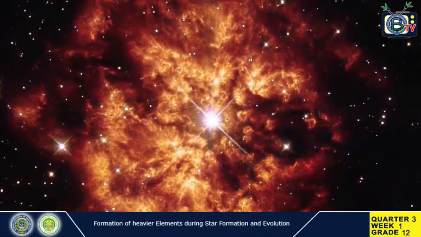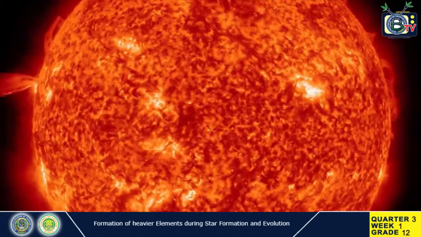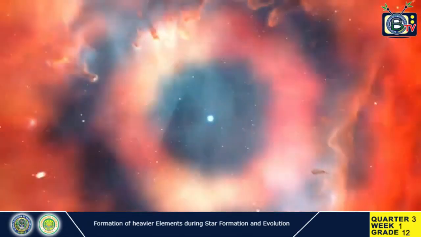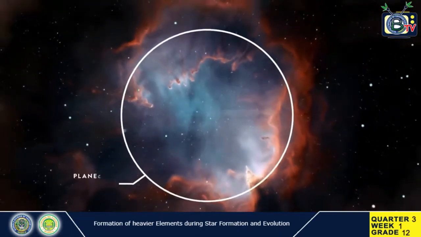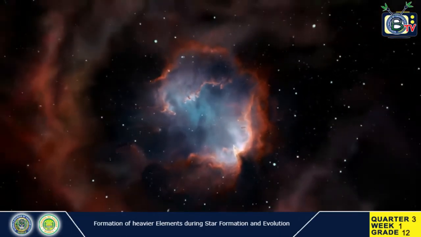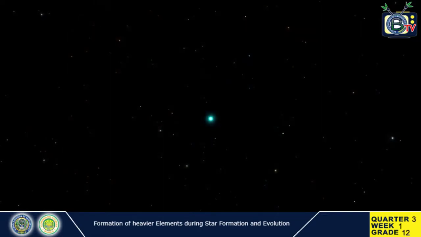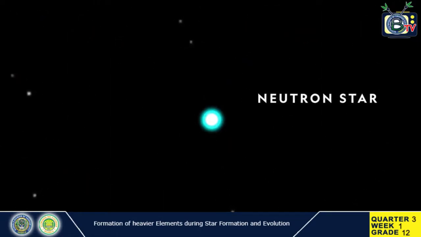But no matter their luminosity or surface temperature, all stars eventually burn through their hydrogen fuel and die out. Less massive stars, such as our Sun, release their stellar material into space, leaving behind a white dwarf surrounded by a planetary nebula. More massive stars instead blast matter into space in a bright supernova, leaving behind an extremely dense body called a neutron star.